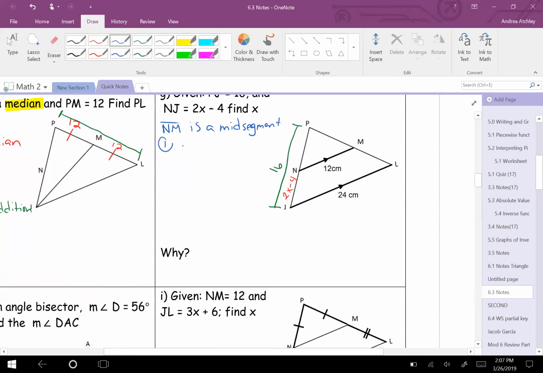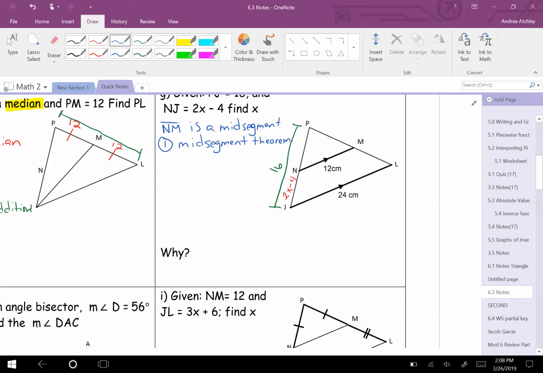My reasoning would be midsegment theorem. Okay, that would be the reason why, because I have parallel. The mid-segment is parallel to the third side and half the distance. So that's the mid-segment theorem.